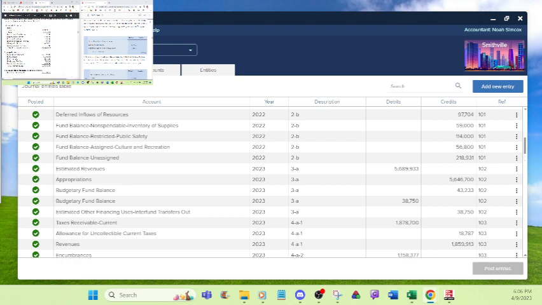They did the revenues and appropriations and then had a budgetary fund balance, and then they... What the heck is that?